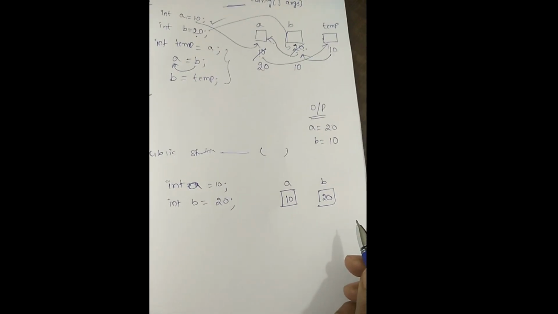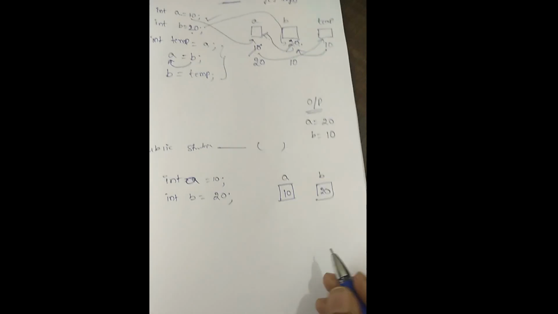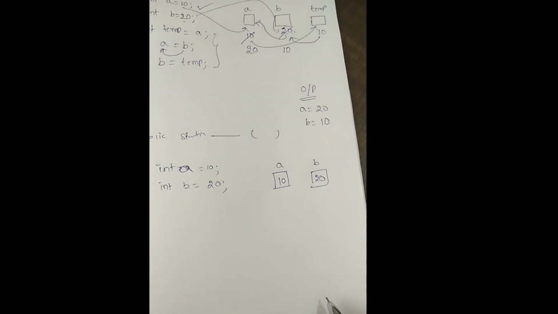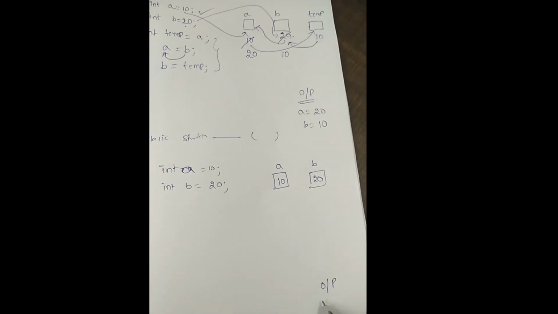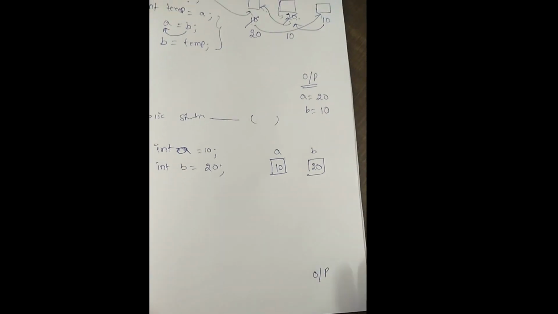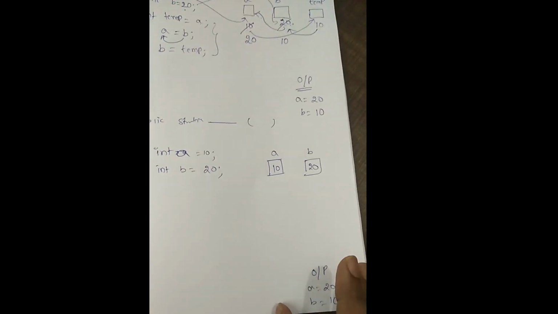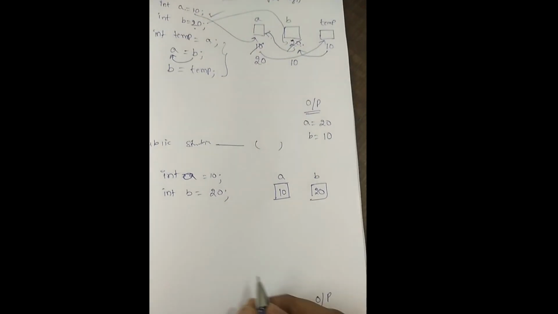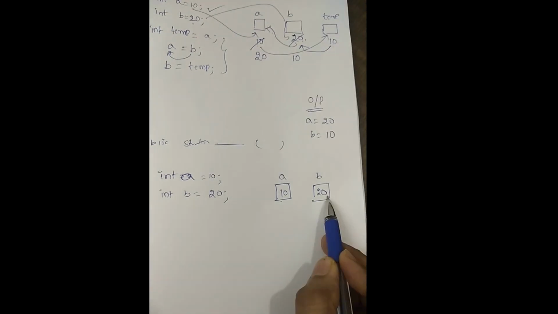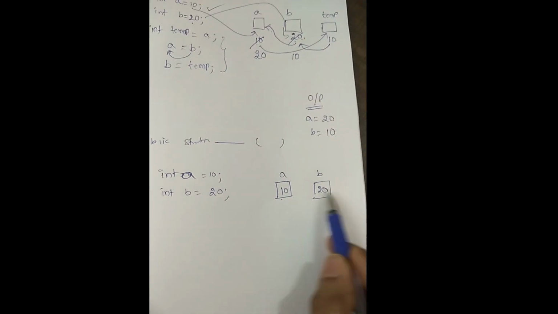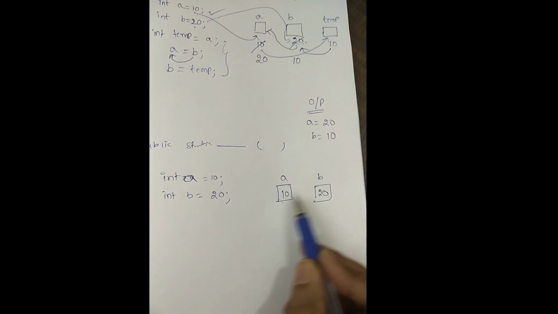So there must be a logic. What is that logic? And keep the output always aside. What is your output? Based on our output, your thinking must start. A is equal to 20 and b is equal to 10 without a temporary variable. Now think about 10 and 20. If you add these two variables, 30 will come.